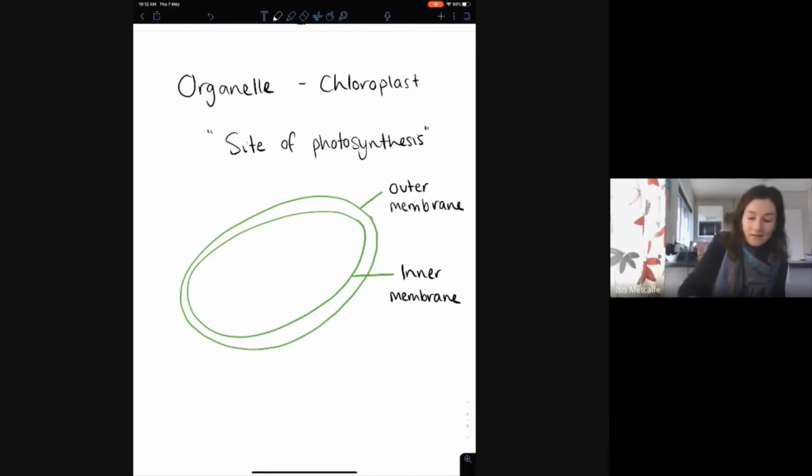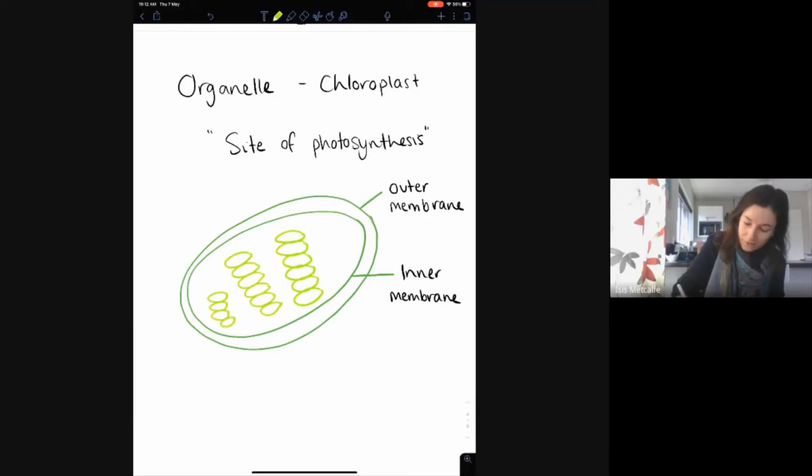Now, inside this chloroplast, there are these green pancake looking things, and there are heaps of them. I'm going to keep it simple and just draw a few, these green stacks of pancakes.